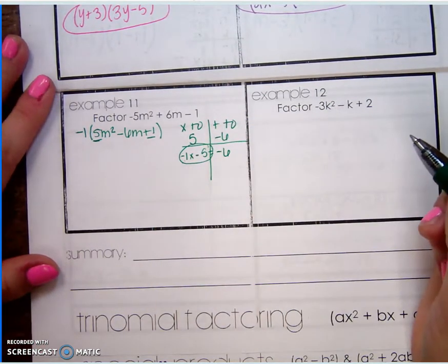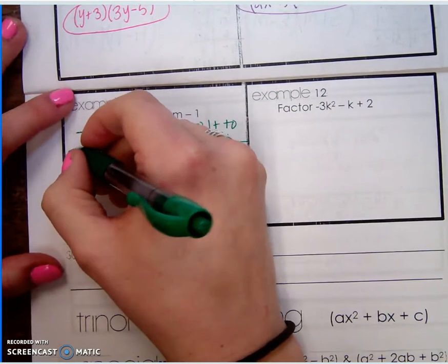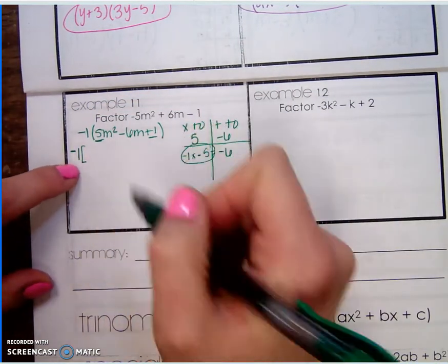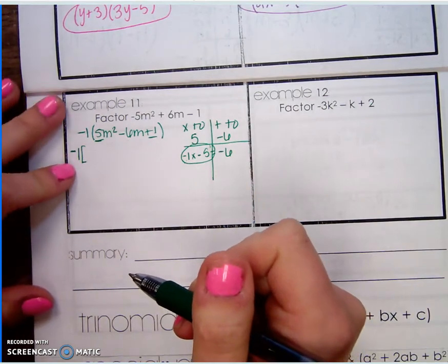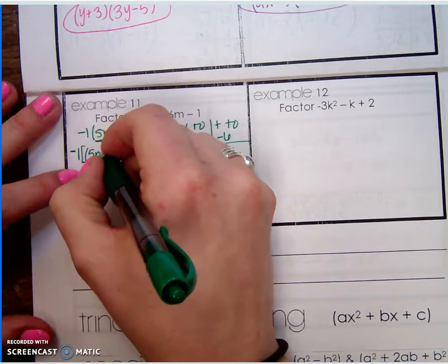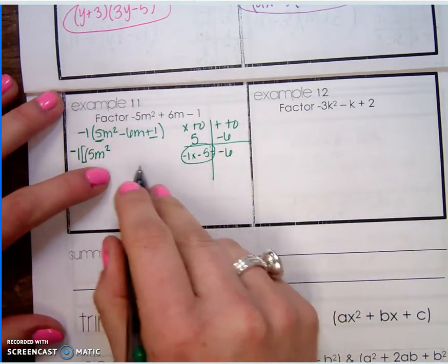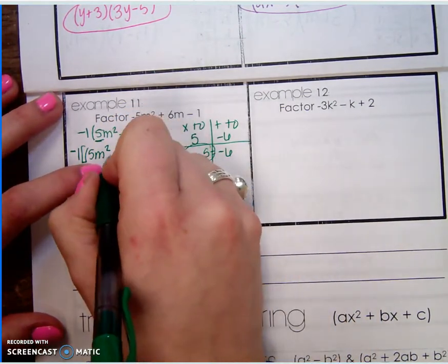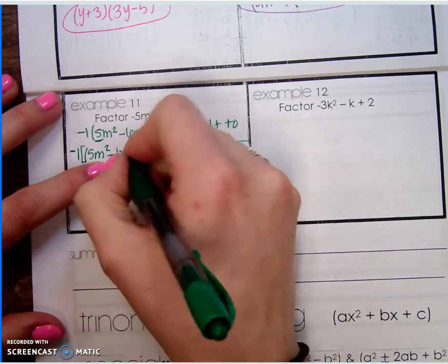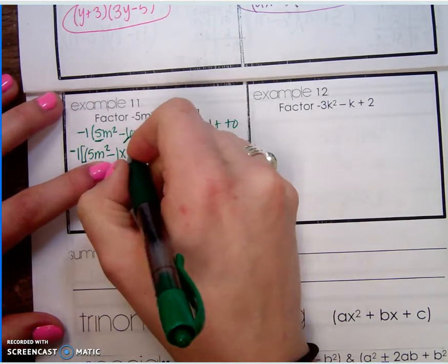Okay? So then let's go ahead and split this. Keep negative 1 on the outside. I'm going to put it in brackets now because now I'm splitting this to become two things. Okay? I have 5m squared, and then I have a minus 1m, and I also have a minus 5m.